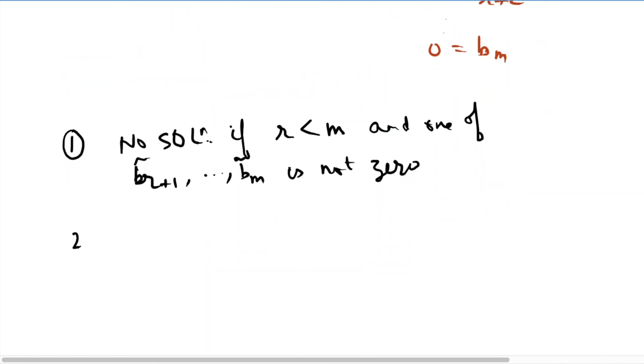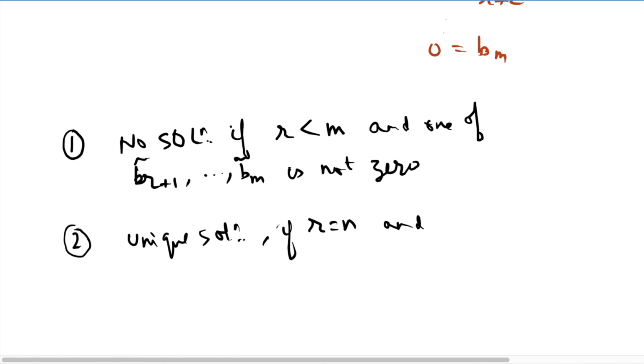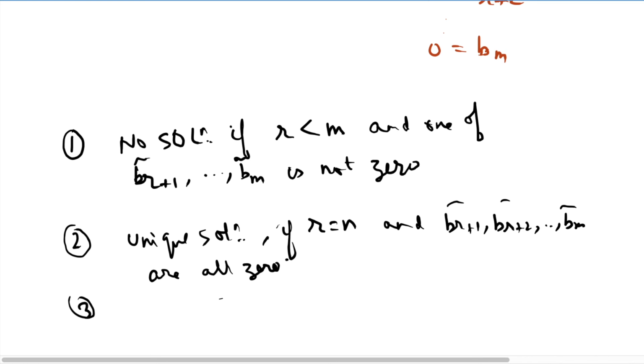The other case we need to consider is that there will be precisely one solution, or a unique solution. There will be a unique solution if r is equal to n, and br plus 1, br plus 2, and so on till bm, if at all they are present, are all zeros.